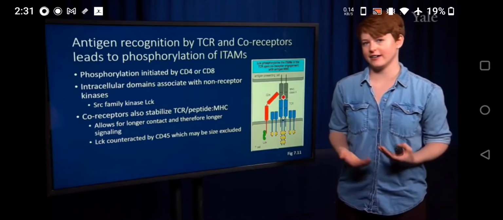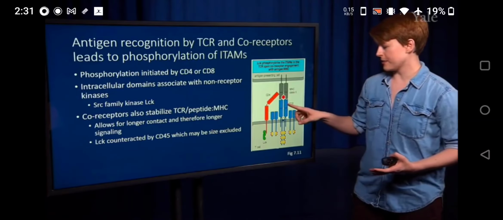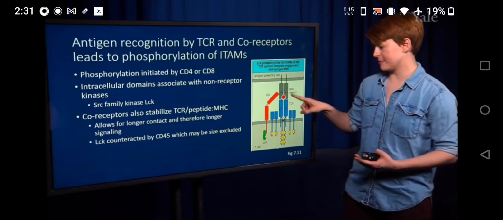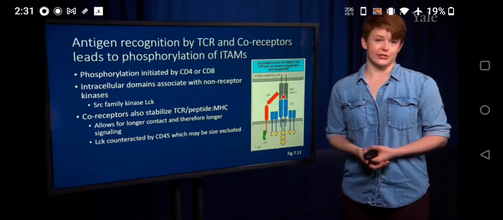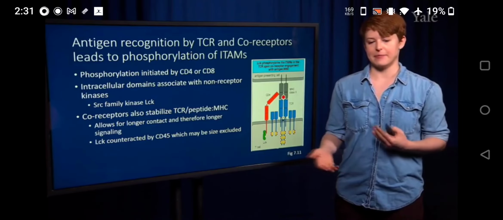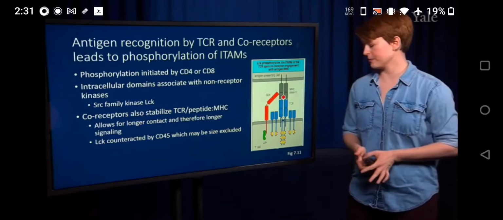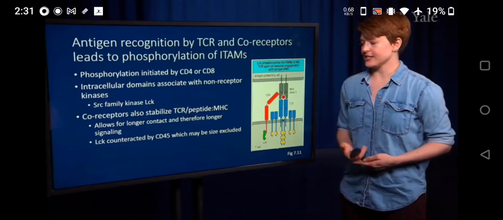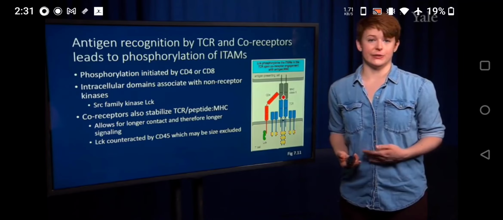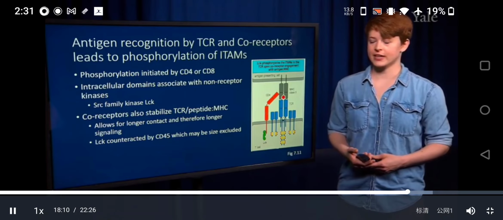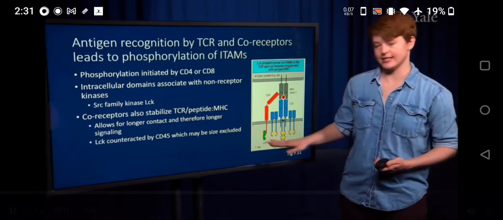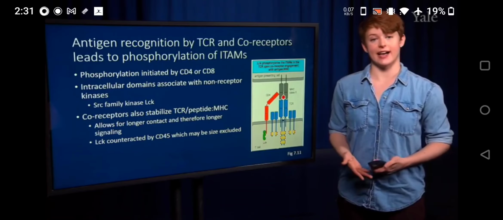So often this association between the MHC peptide and TCR is quite transient. It binds and dissociates pretty quickly. And so in order for signaling to occur, this association needs to last longer. So that would allow these tyrosine kinases more time to phosphorylate the proteins.